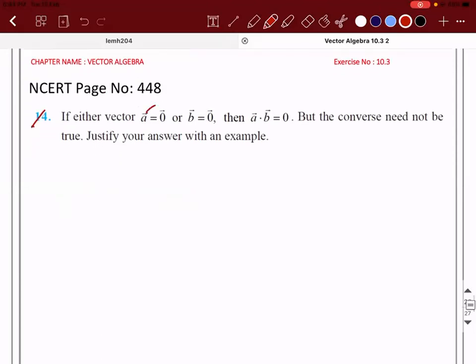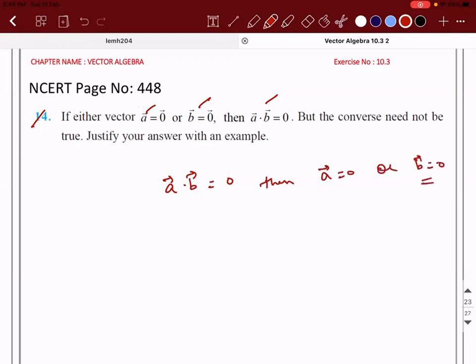14th. If either a vector is equal to 0 or b vector is equal to 0, then a dot b is 0. But the converse need not be true. Justify your answer with example. We know that if a vector is 0 or b vector is 0, then a dot b is 0. But what is the converse? Converse says if a dot b is 0, then either a vector is 0 or b vector is 0.